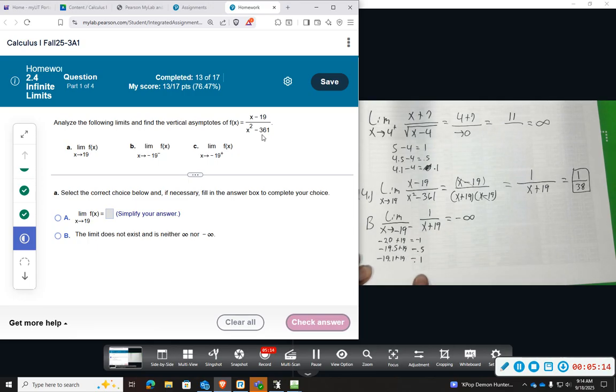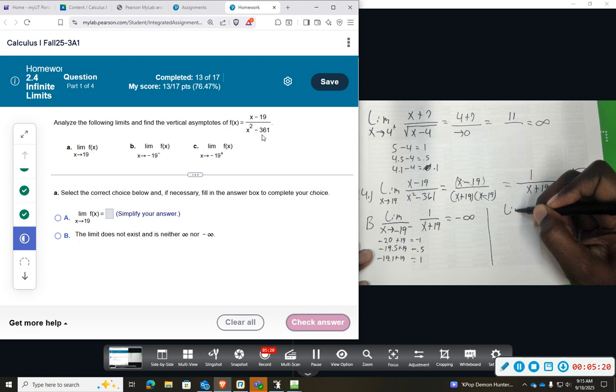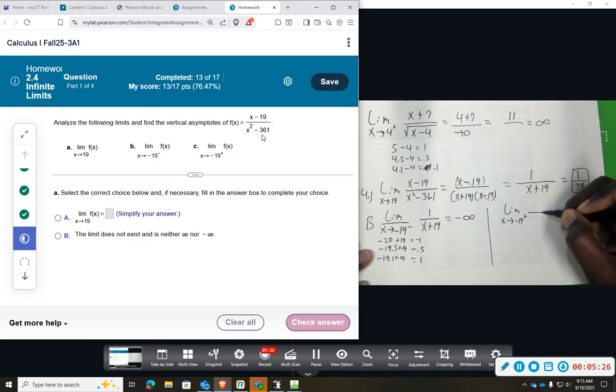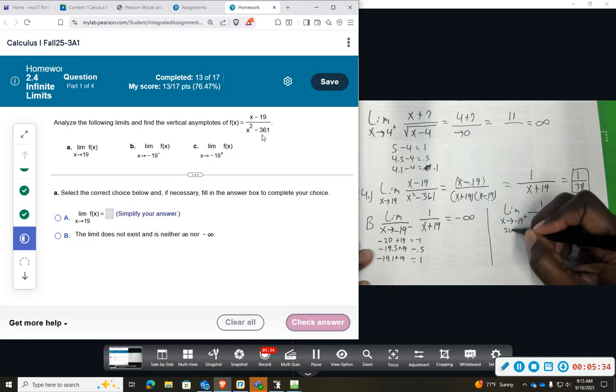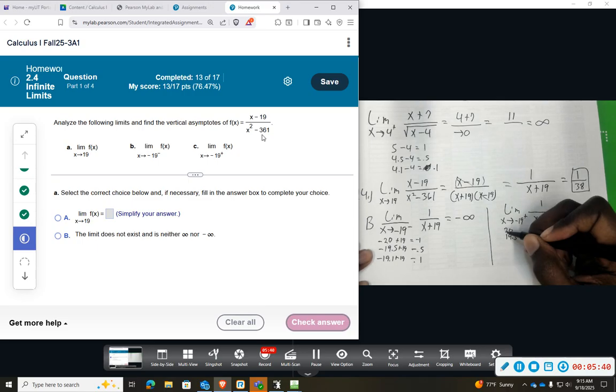And then if we look at part C, we're doing the same thing just from the other side. So the limit as we go to negative 19 from the right of 1 over x plus 19. Same thing, except I will start with something bigger, sorry, wrong thing.